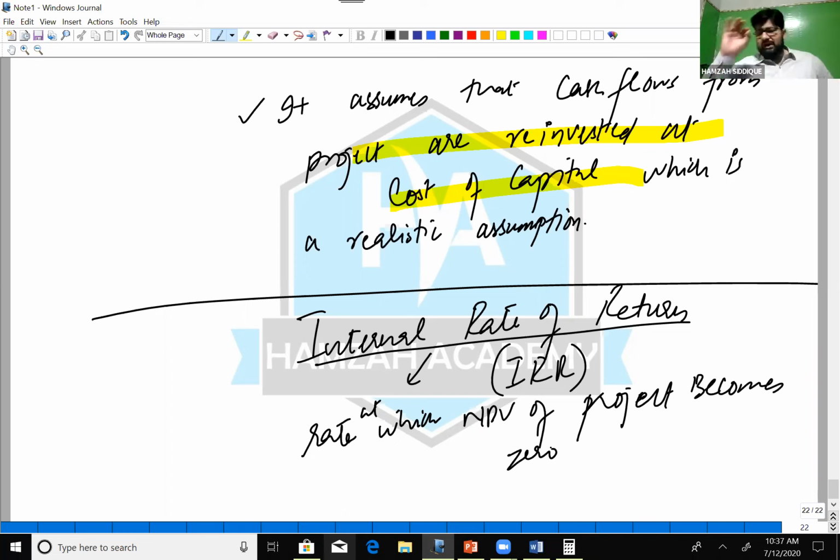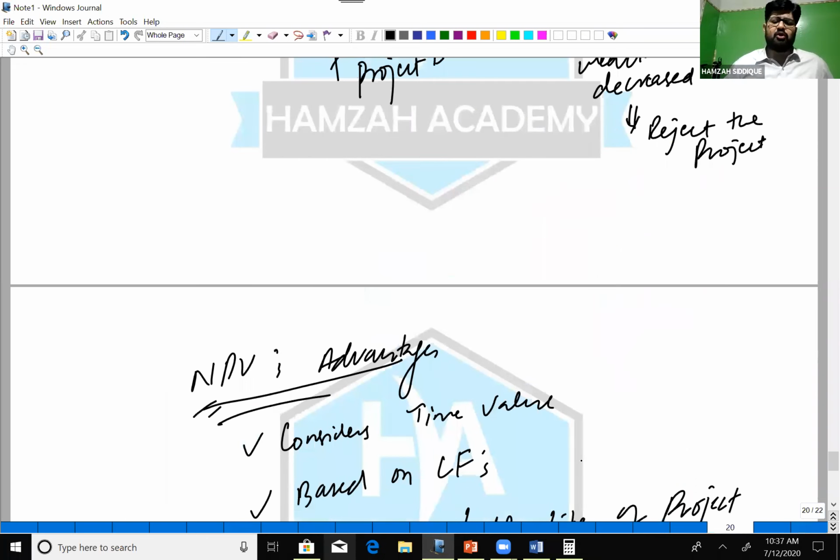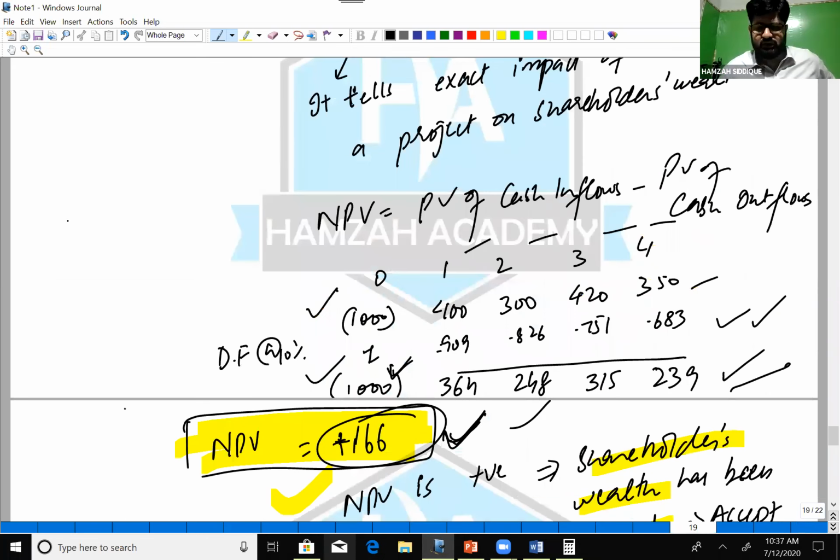Before I explain it, one very important and conceptual point. When we are doing discounting, what are we actually doing?